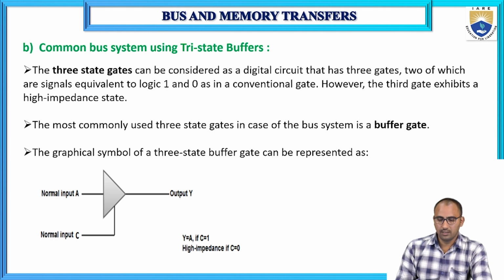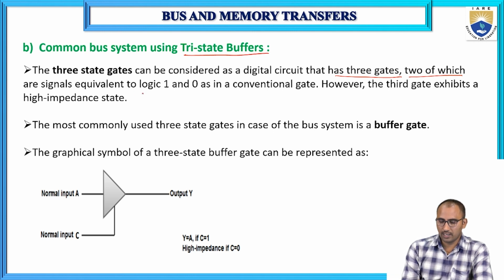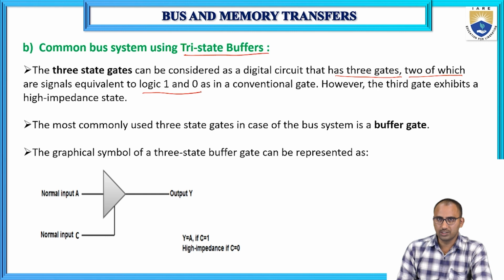And next one is a common bus system using tri-state buffer. The tri-state gates can be considered as a digital circuit with 3 states. Two of which are signals equivalent to logic 1 and logic 0 in a conventional gate.